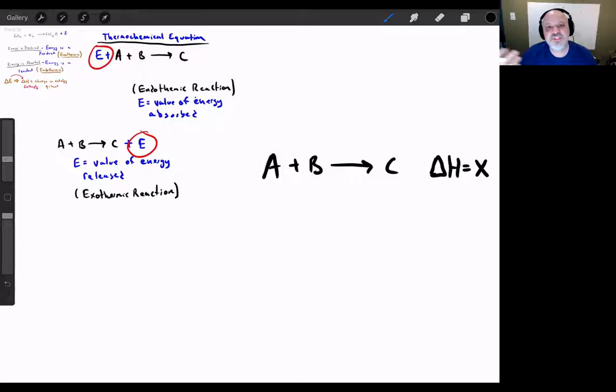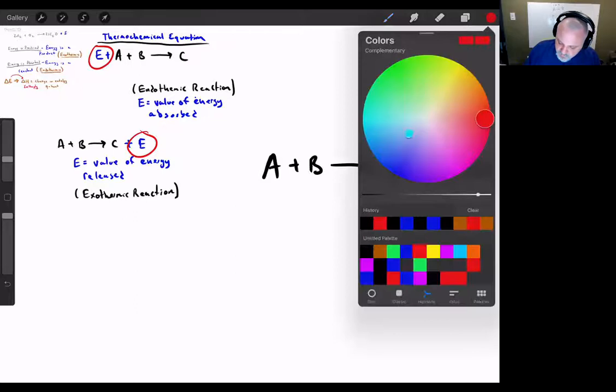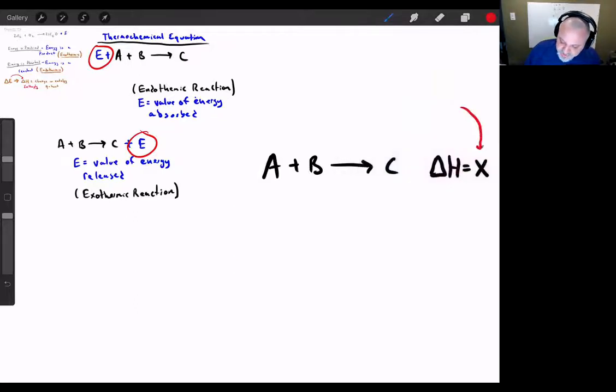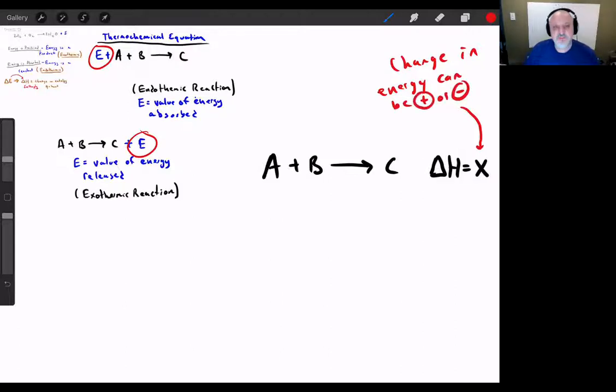Now, this is a change, and in this case, the change in energy can be positive or negative. It can be either one. And this is why.